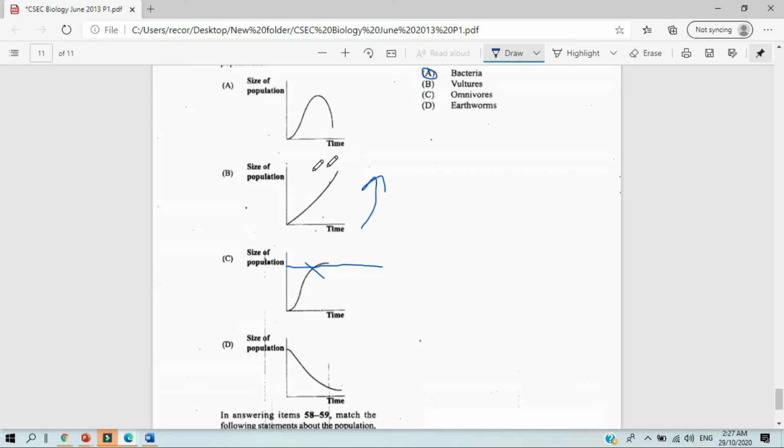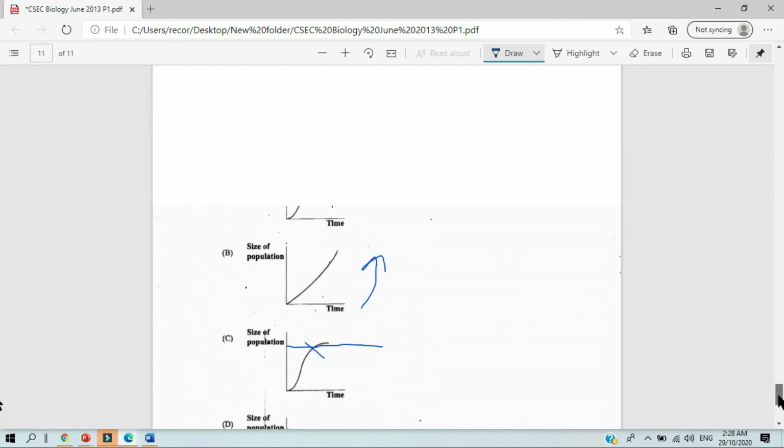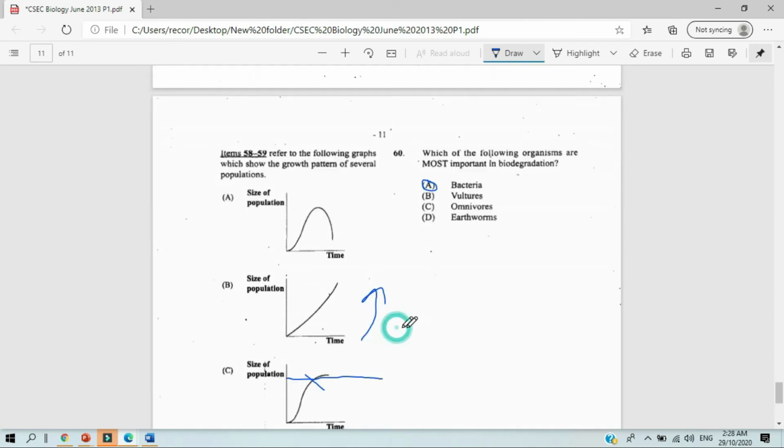But as this question asks, the most suitable answer would have been B. So remember, the question is asking: has a good food supply and is not subjected to environmental stress. This one shows what looks like a J curve, that unrealistic curve. So this is the best answer there. Let's look at the other one.